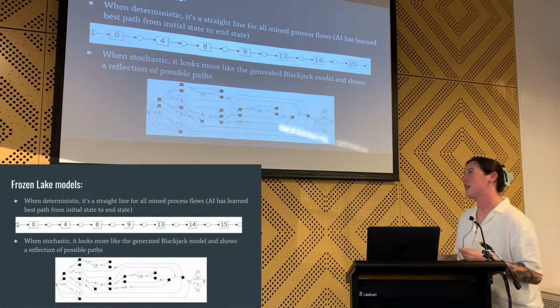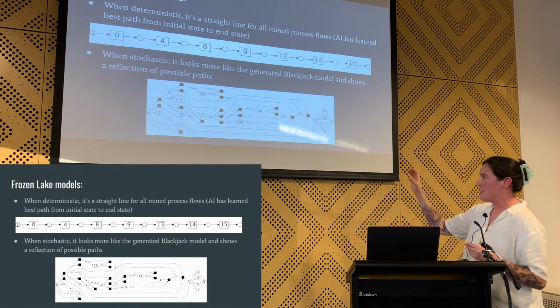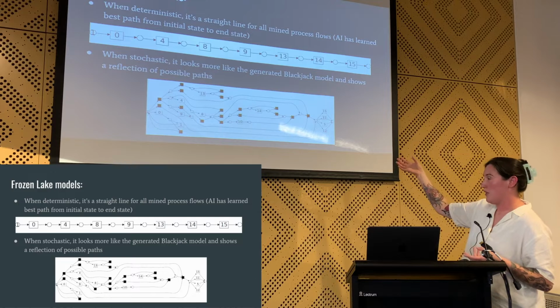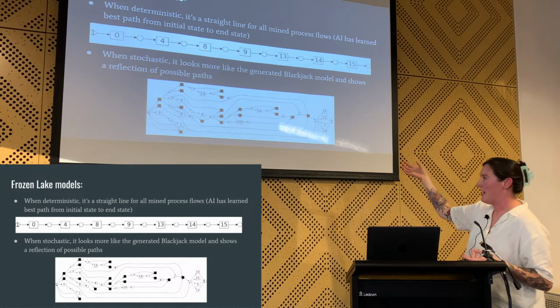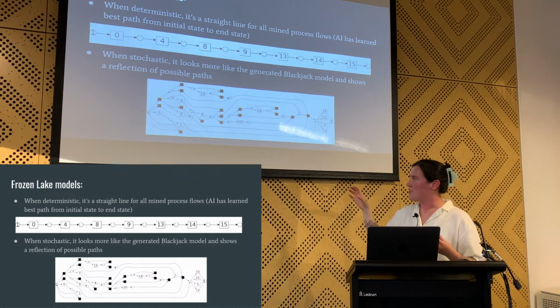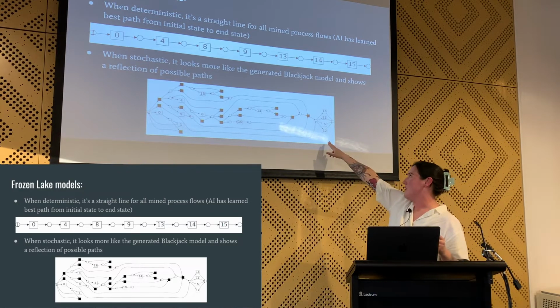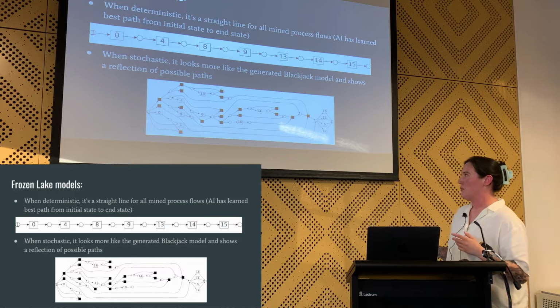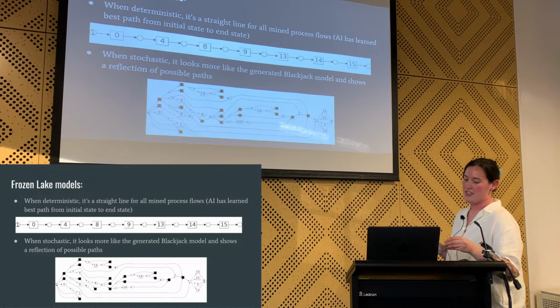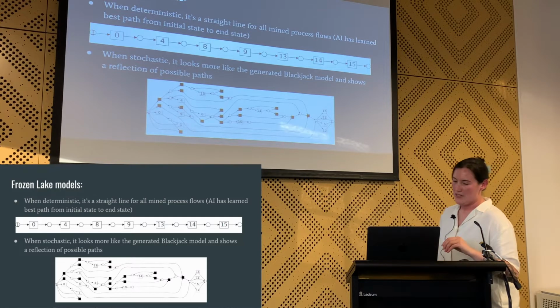But adding in the slippery element of randomness, you can see that it starts to look a little bit more like the blackjack Petri net. But you can still see sort of a reflection of the moves that you would make. You can see the end states over here. And it does give you a little more nuance into moves that you would probably take in a current state, even with that element of randomness.